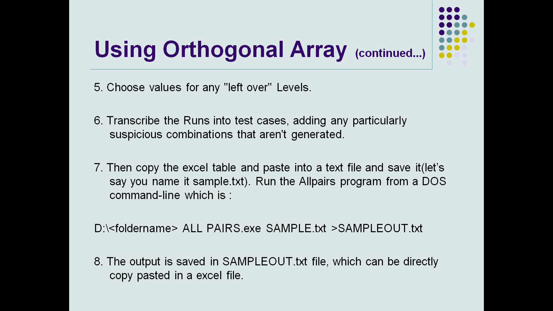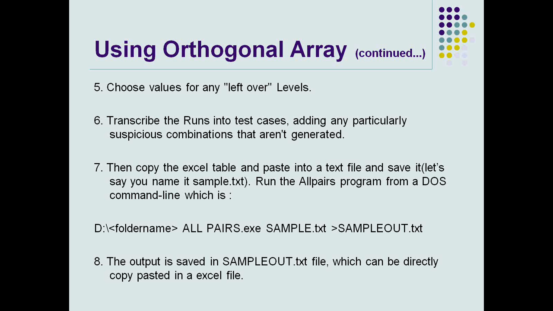So once we have all the Excel data transposed in a TXT file, we access the tool through a command prompt. And if you see an example below point number 7, I have updated a sample path, that is D colon, whatever your folder name, then allpairs.txt.